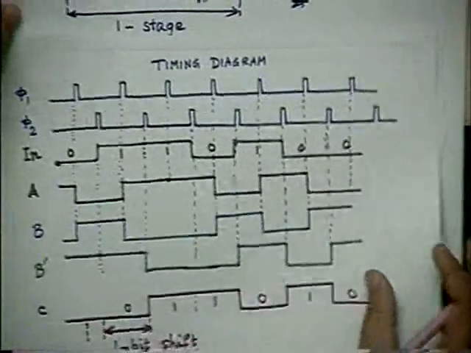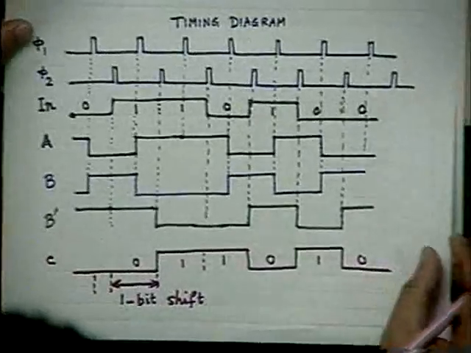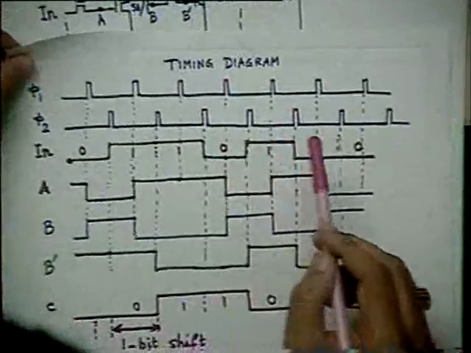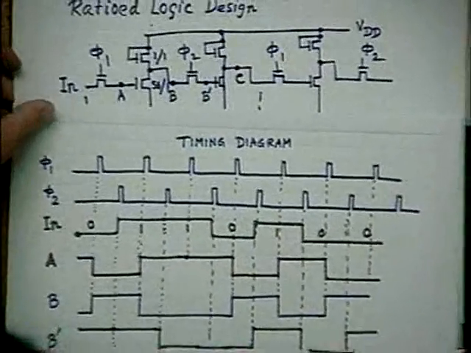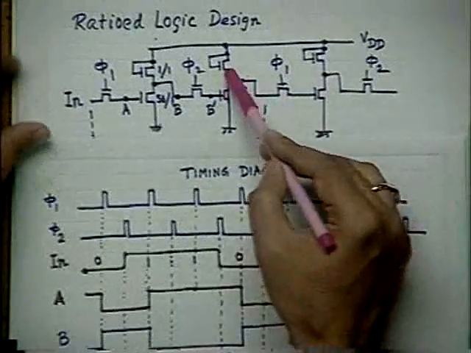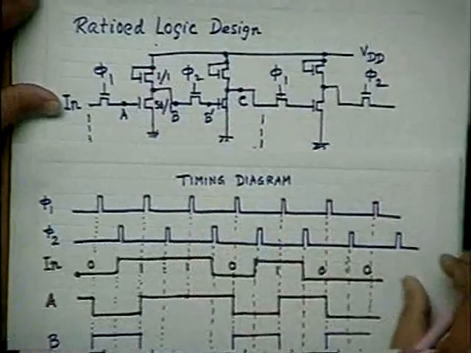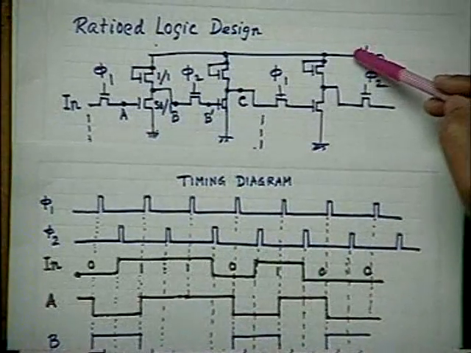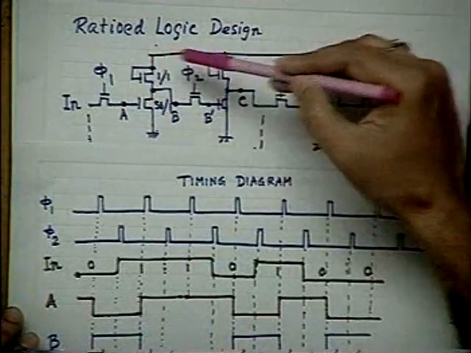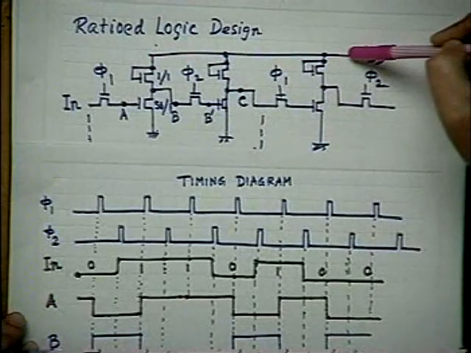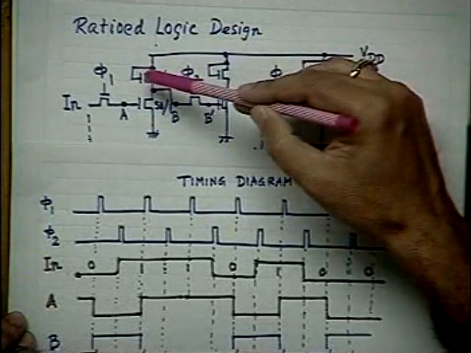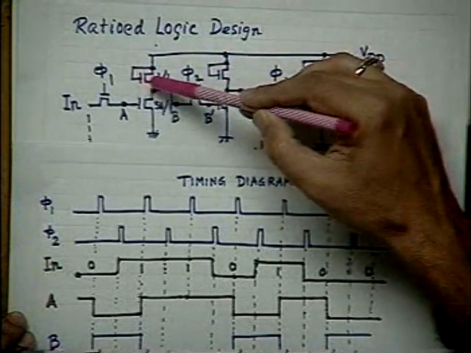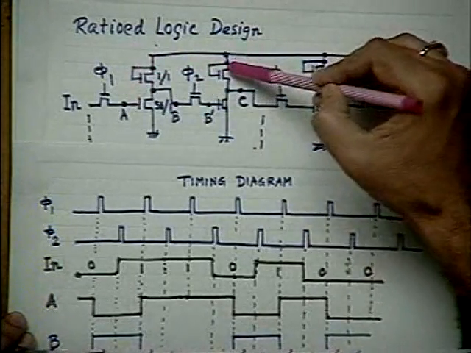So this ratioed logic, as we can conclude, in this particular design, here using the clock, inverters are remaining as they are. There is a lot of standby power dissipation here, because all the supplies are straightforward from VDD. These switches are kept permanent. This is always on, isn't it?